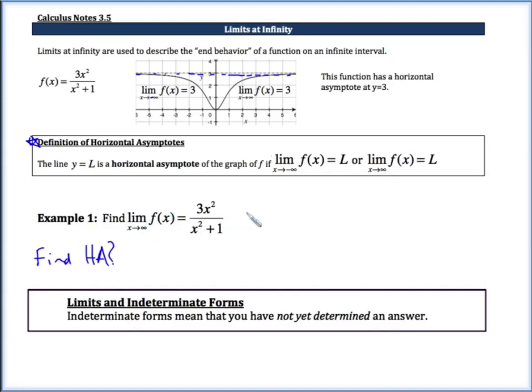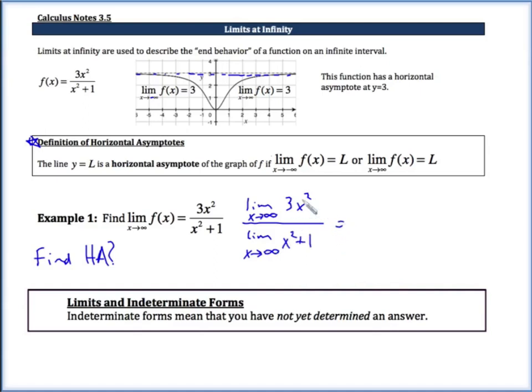If we want to find this limit, it's going to be the limit of the numerator approaching infinity over the limit of the denominator approaching infinity.